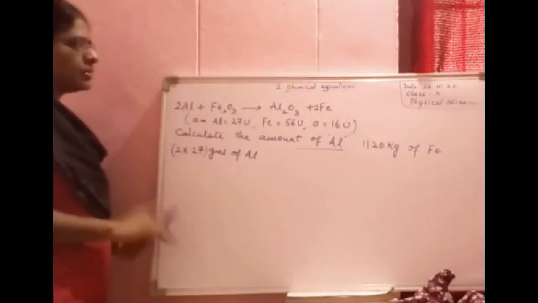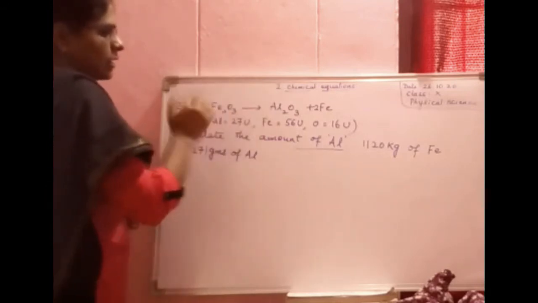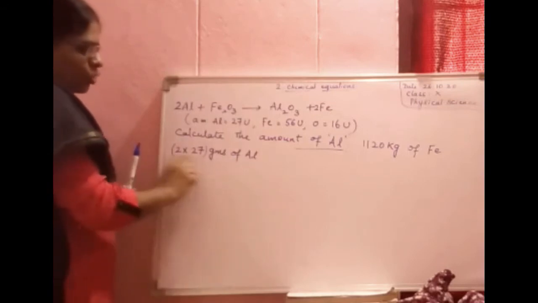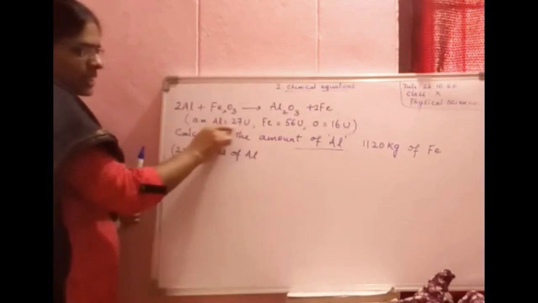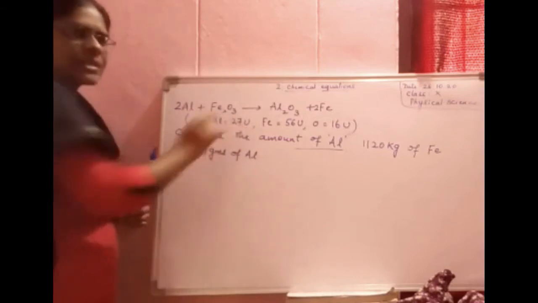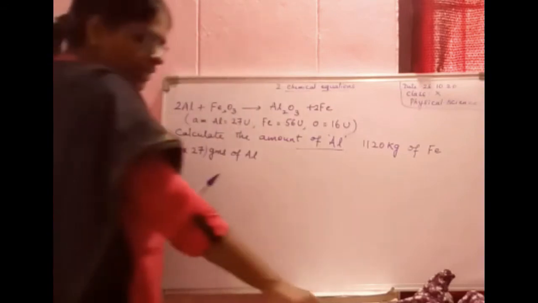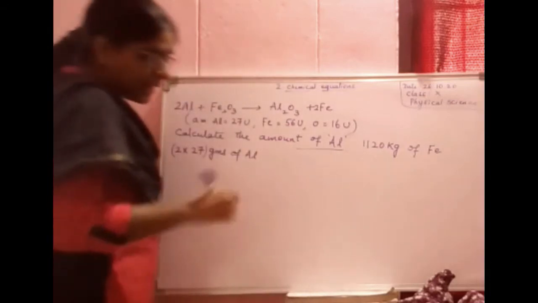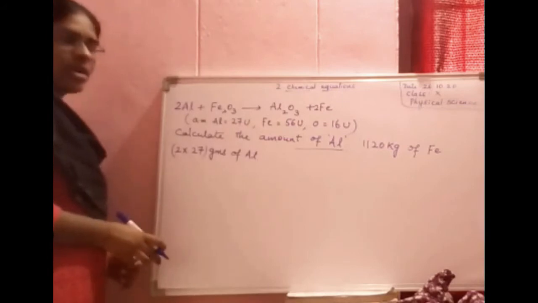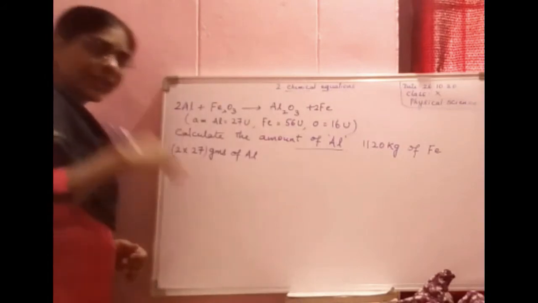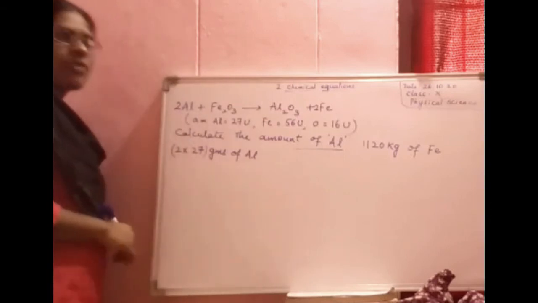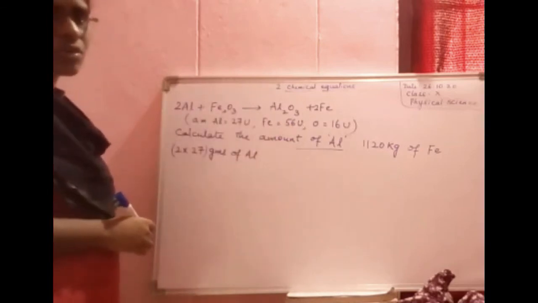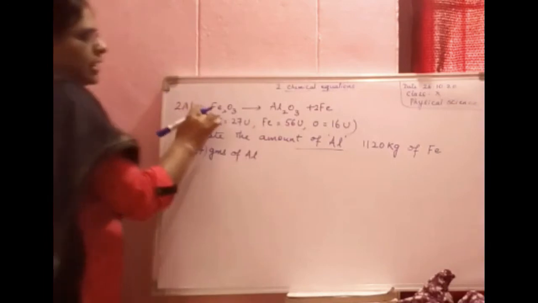Here, iron's symbol is Fe. He is asking you in the problem to calculate the amount of aluminium required to get 1120 kgs of iron.